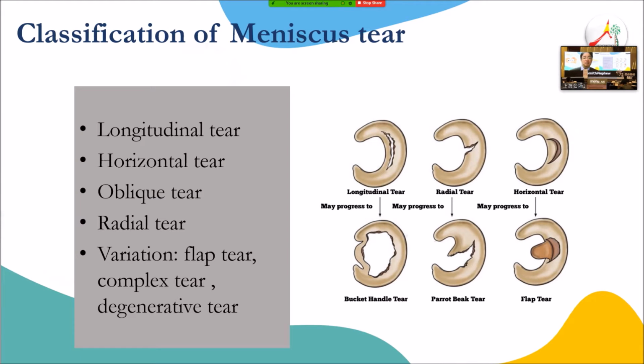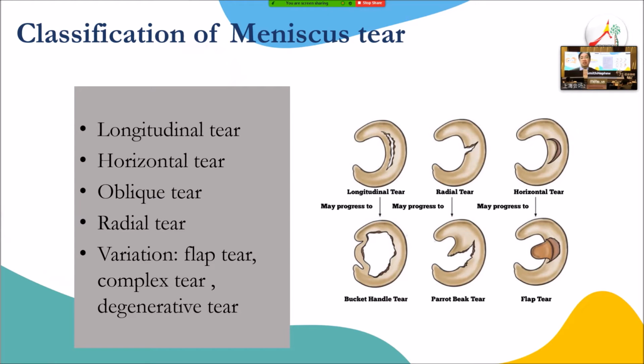This is a classification. Everyone knows about the meniscus tear. Today we are talking about the meniscus tear that produces a lot of problems. This is a radial tear. Actually the meniscus root tear is a radial tear. It's the same thing but a different location. So this radial tear at the body or radial tear at the root, this is the problem.